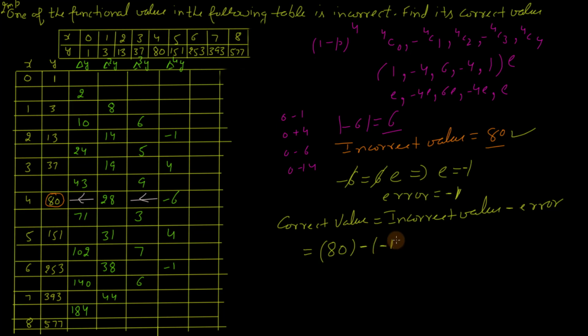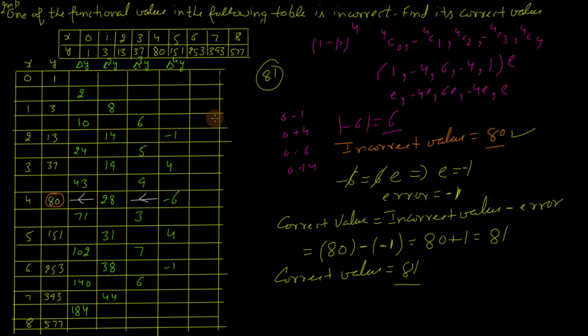Error is minus 1. So this will be 80, minus minus will become plus, so this will be 80 plus 1. So this will be 81. So the correct value is 81. So we have corrected the value. This value is nothing but 81. So the correct value over here will be 81.